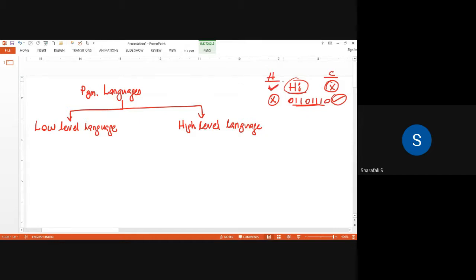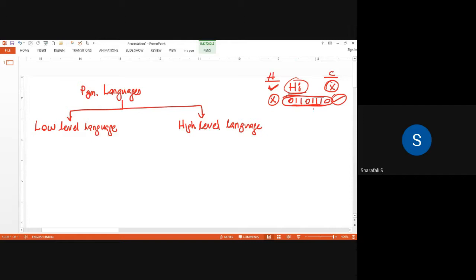So what do we actually need? We need some program or language that both the system as well as human beings can understand. As we said, this is the language that the system can easily understand. Any language we use has to be converted into binary form, 0 1 1 0 0 codes.